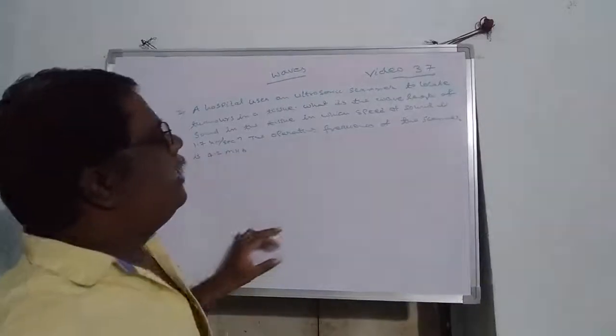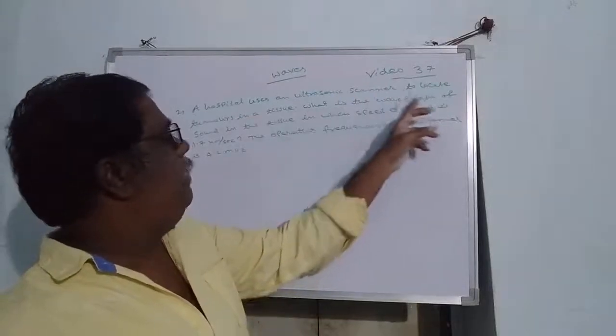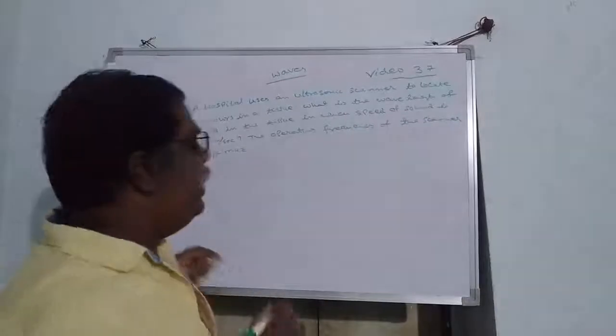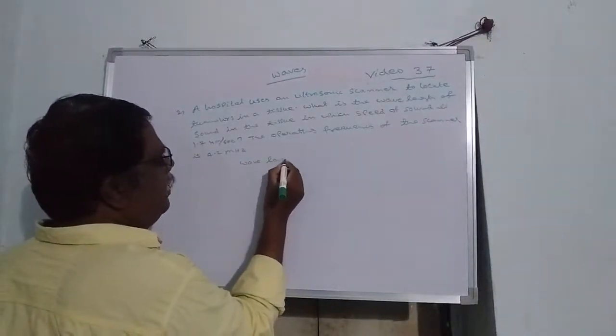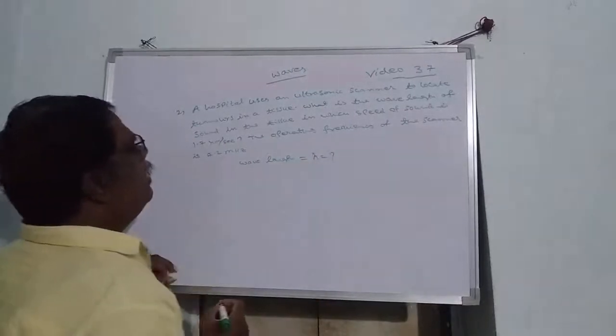Here, an ultrasonic scanner is used to locate the tumors in tissue. What is the wavelength of the sound in the tissue? That means we have to find the wavelength. Wavelength is denoted with lambda. Wavelength lambda is equal to question mark.